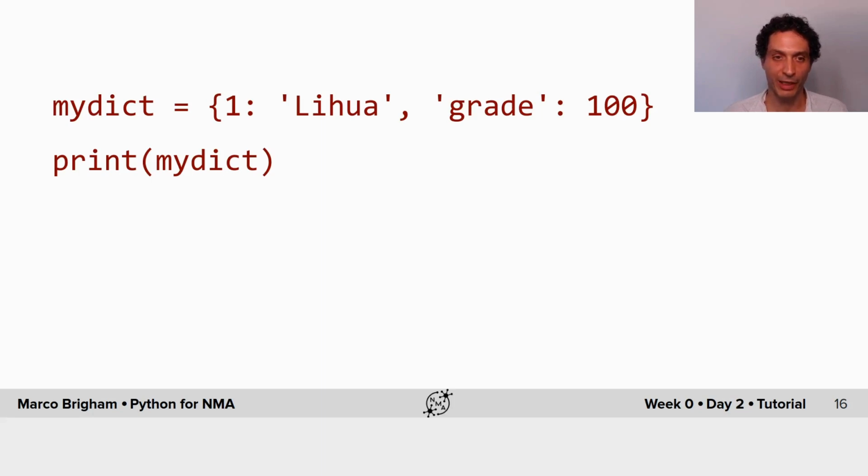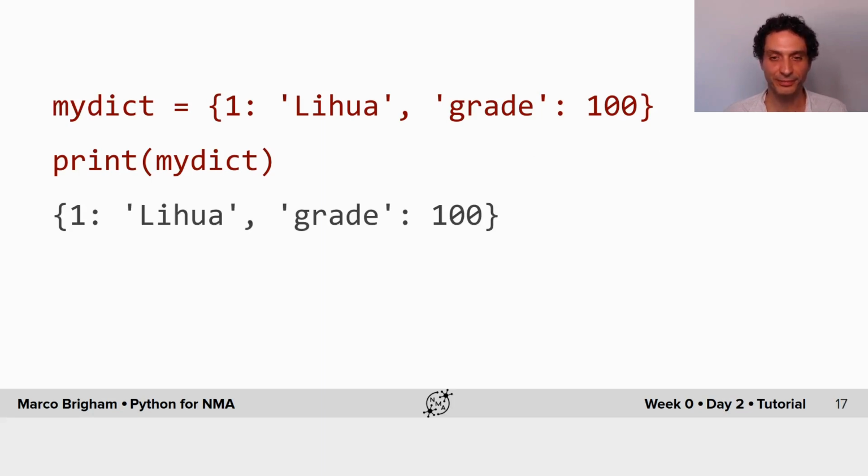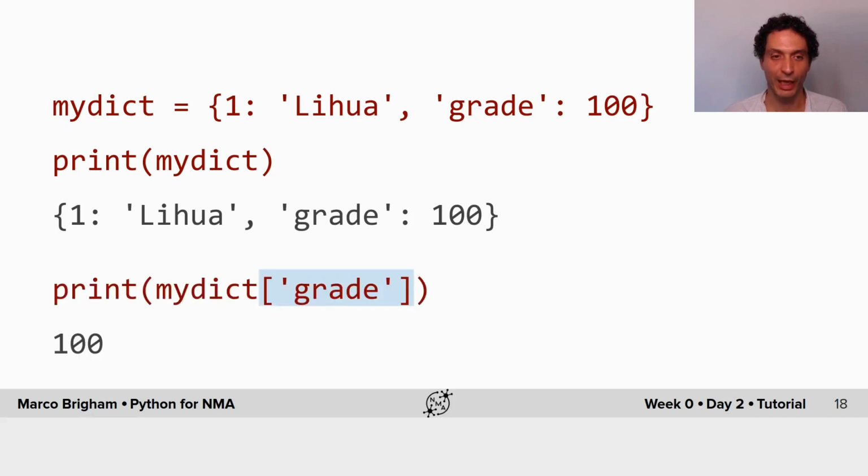And so if I print my dictionary, you will see the structure above, and if I want to access one of the values, I just call the dictionary indexed by the key. So my dictionary grade will give value 100.